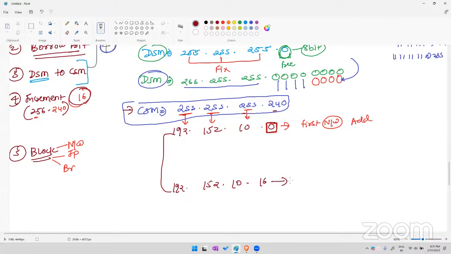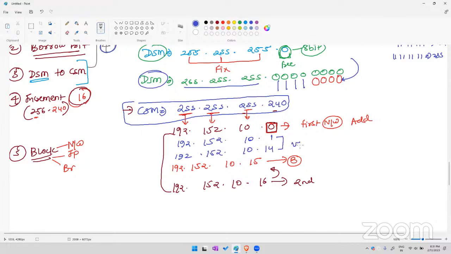But 16 is my second network address. But before 16, which address is available? 192.152.10, which one? 15. So 10.15 is my broadcast, and from 192.152.10.1 up to 192.152.10.14 is my valid IP.